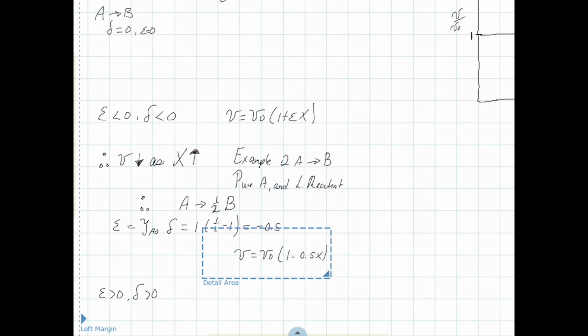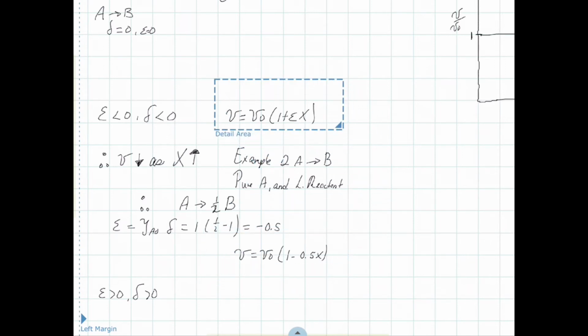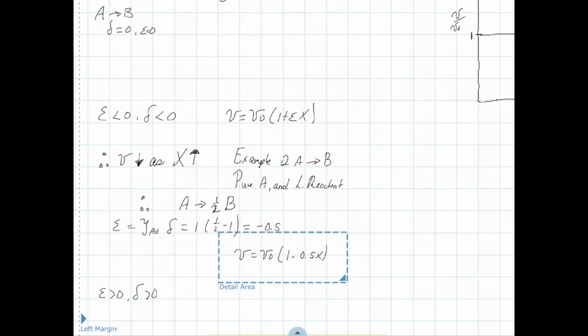So as you can notice, the gas molecules in this particular case will spend more time in the reactor than they would if the flow rate were constant. You can see a big difference between this relationship and this relationship, where the volumetric flow rate is constant throughout the whole reactor.